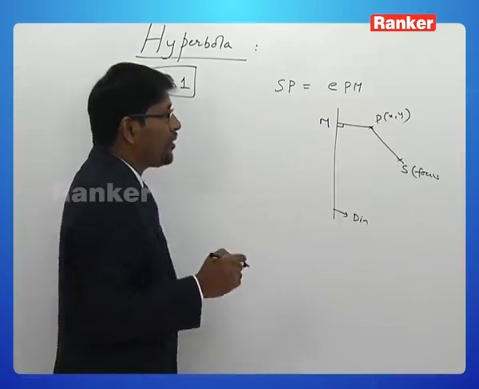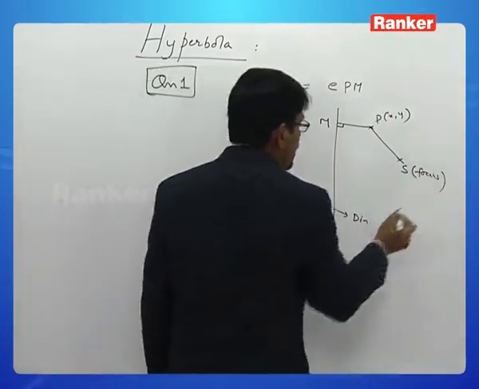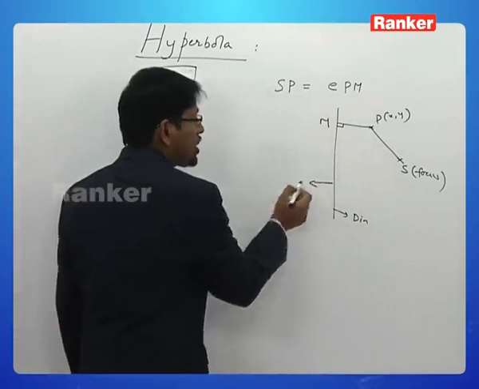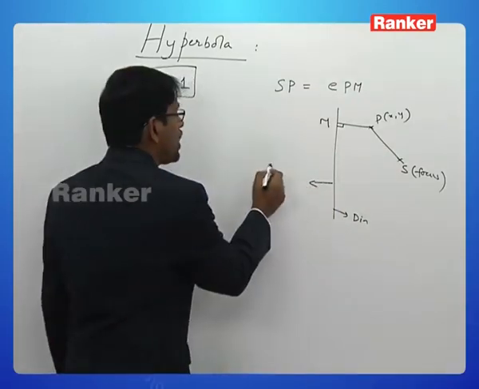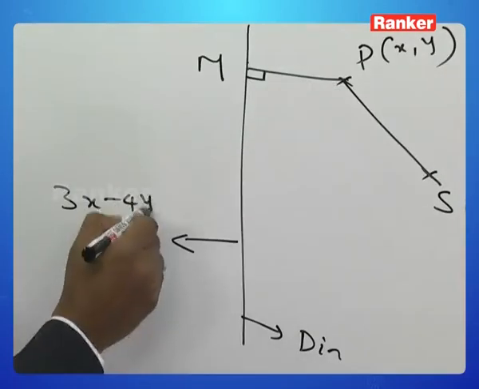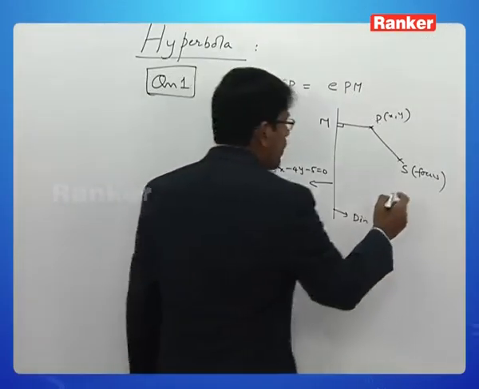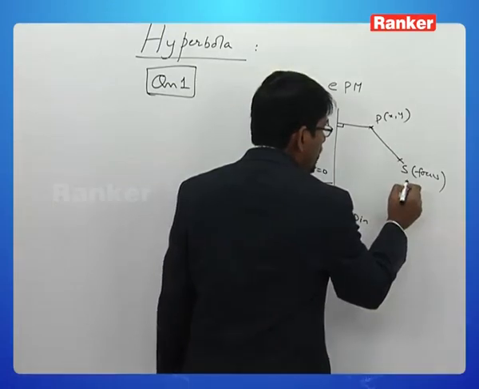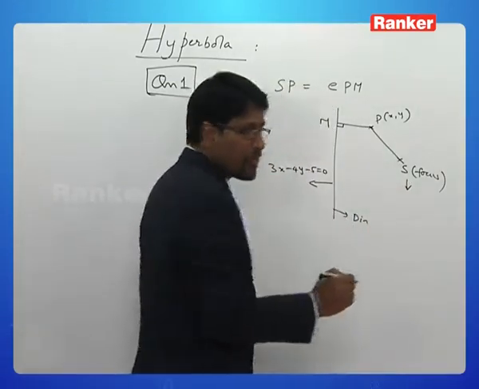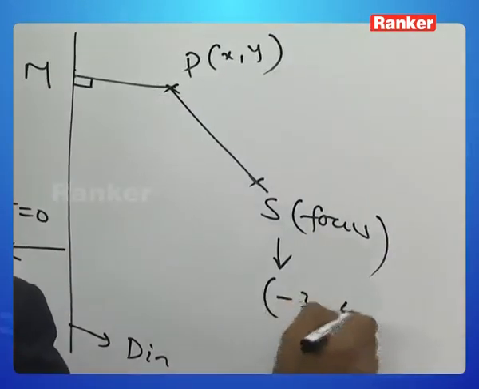Here we are given the focus and we are also given the directrix equation. What is the directrix equation? 3x minus 4y plus 5 is equal to 0. What are the coordinates of the focus? Coordinates of the focus are minus 3, 4.